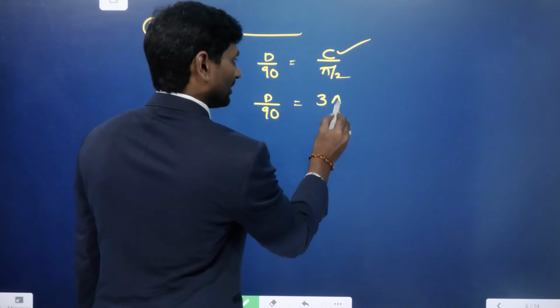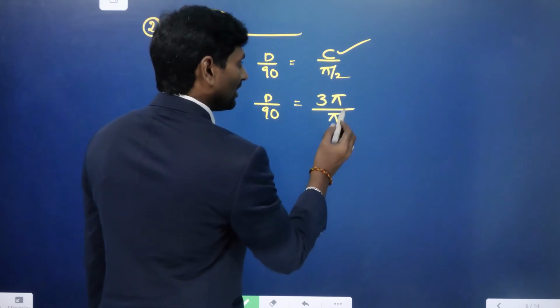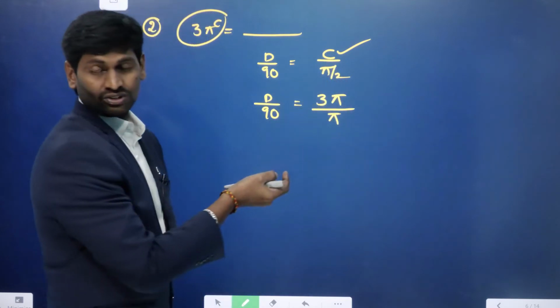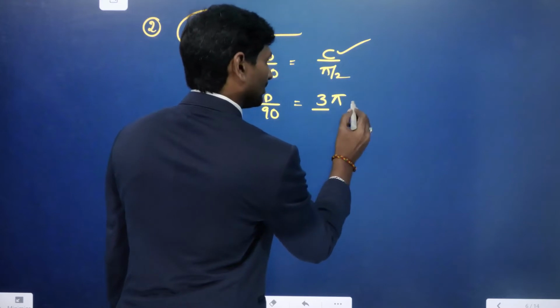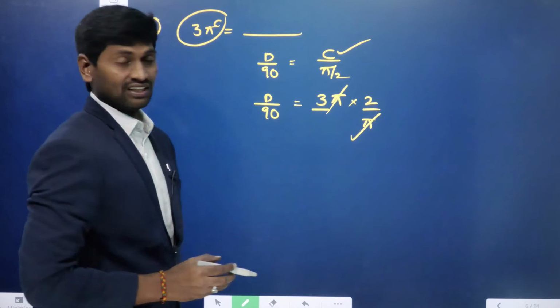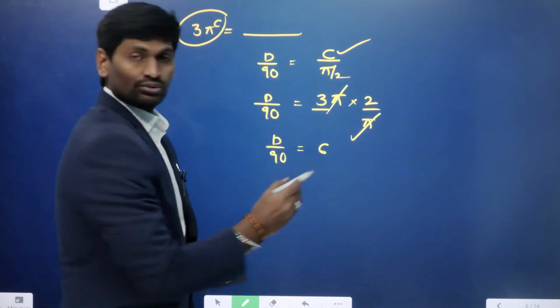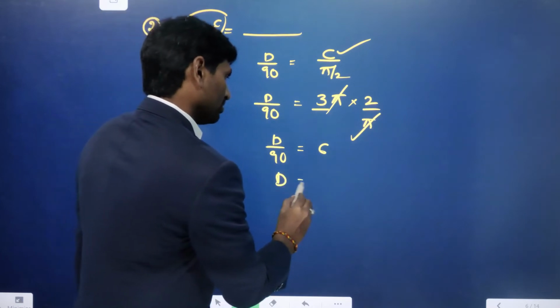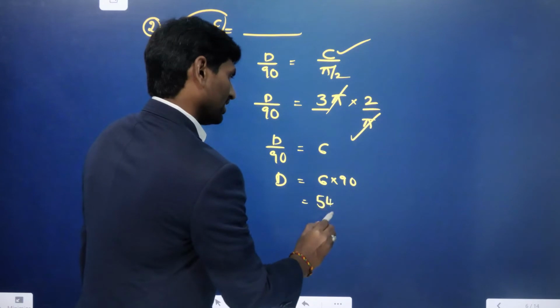That means 3 pi, and transposing pi by 2 to the numerator, it is 2 by pi. Pi cancels, and here 6 will be there. So D by 90 equals 6. D equals 6 into 90. 6 90s are 540 degrees.